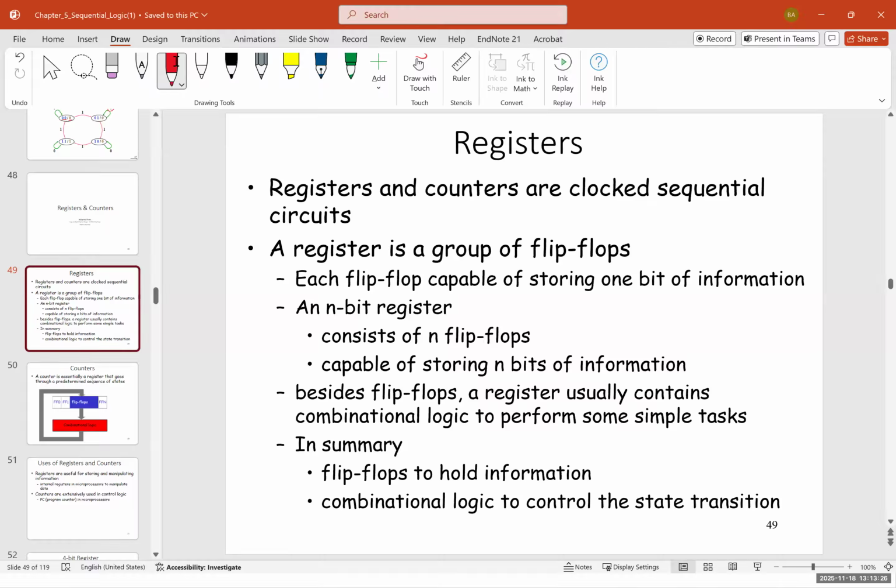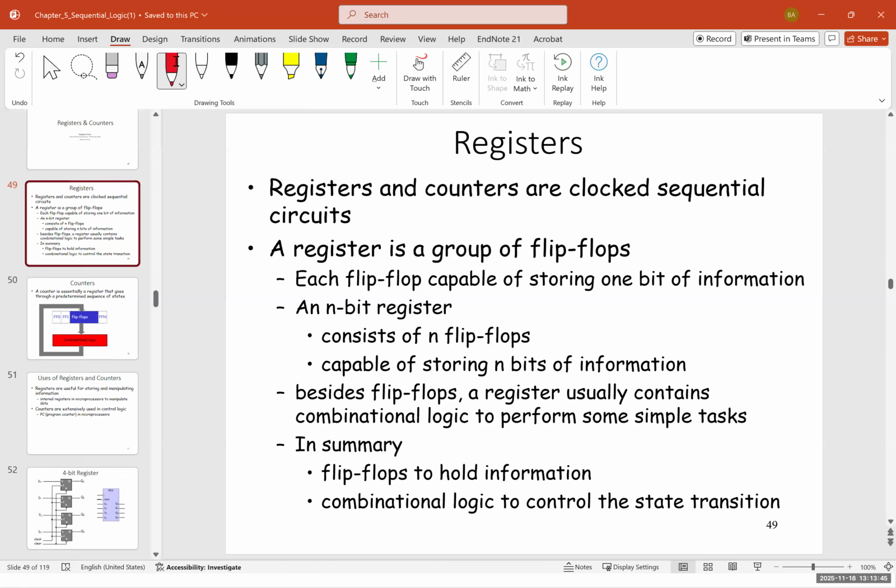It is capable of storing n bits of information. Besides flip-flops, a register usually contains combinational logic to perform some simple tasks. In summary, flip-flops hold information, and combinational logic controls the state's transition. So a register is a combination of a sequential logic circuit and a combinational one. It has both.